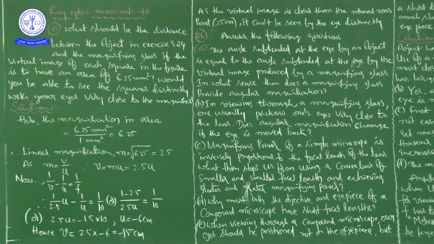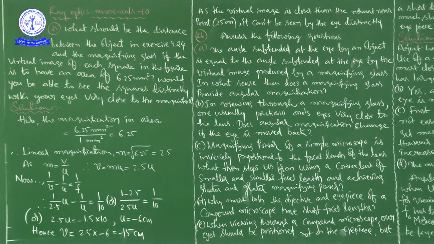That is what we discussed in the previous problem. So, as simple as that, we have to find the distance between the object and the magnifying glass to achieve this much magnification, where the area is 6.25 millimeter square.